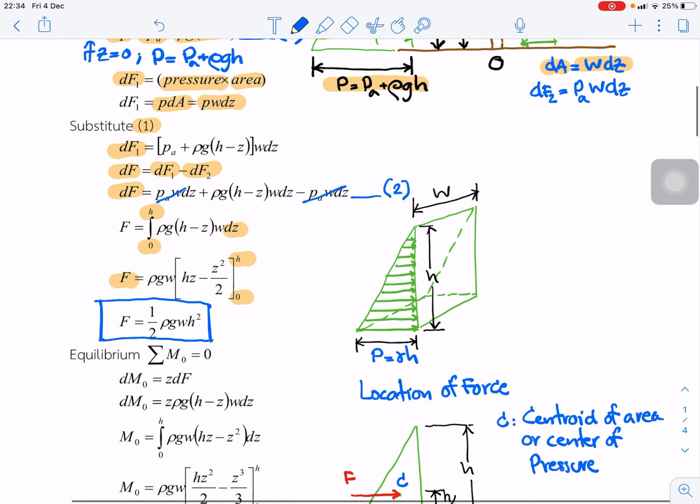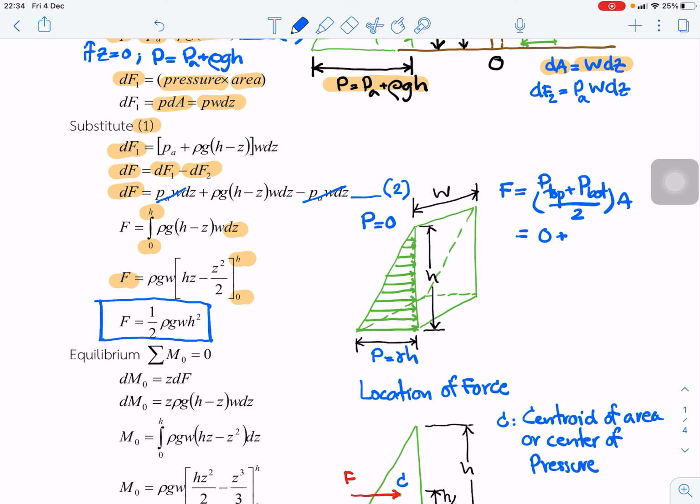To derive the equation of force, we can also use the prism. This figure shows the prism, where we can estimate F as the average pressure times area. The pressure at the top of the triangle is 0, the gauge pressure, and at the bottom of the triangle it is rho g H. We take the average of P top plus P bottom, times area.